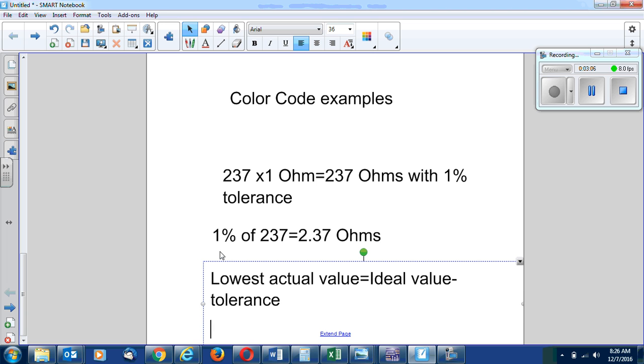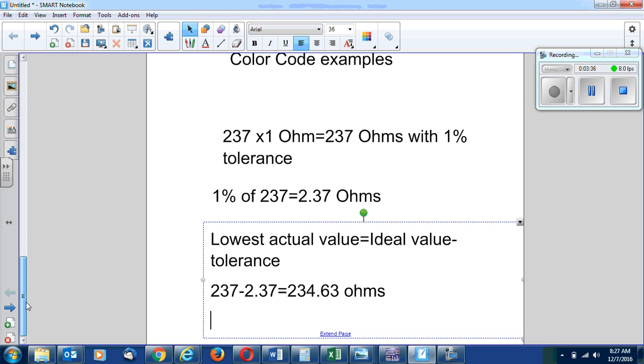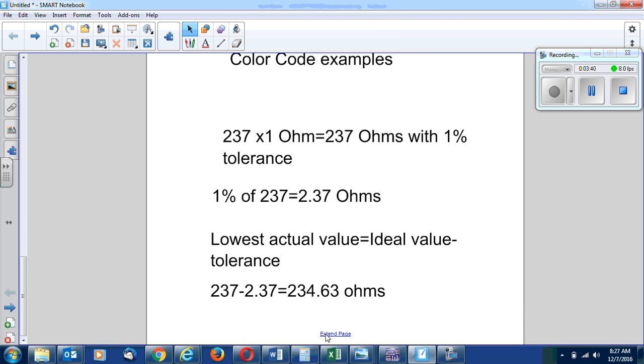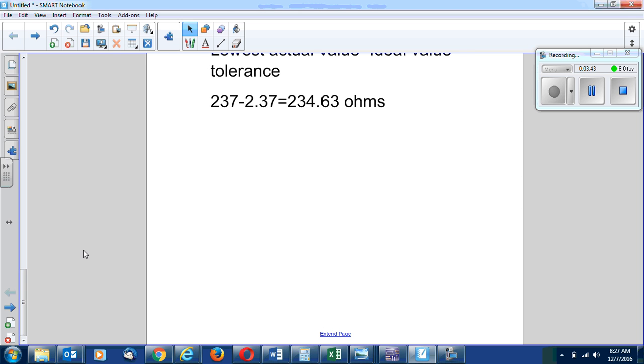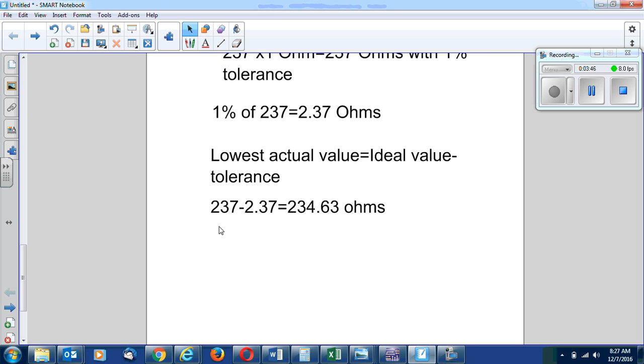In this particular case, it's 237 minus 2.37, and that comes out to 234.63 ohms. All right, so that's our lower bound.